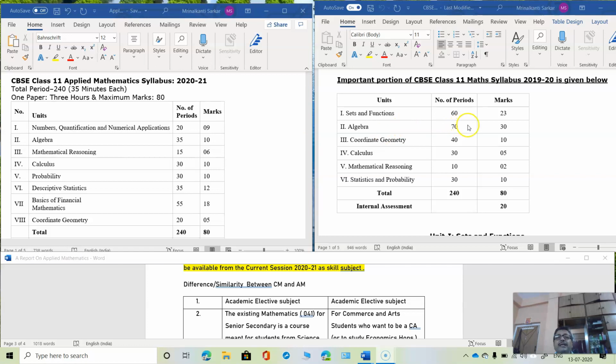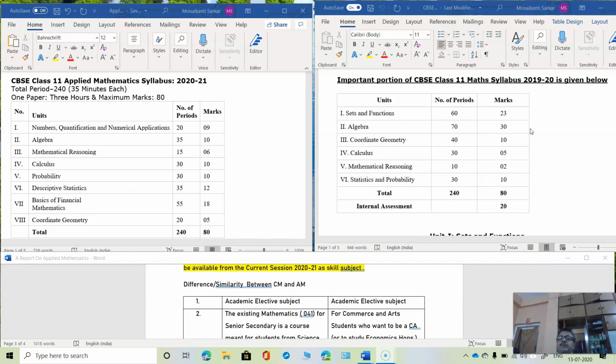Here the maximum weightage is on sets and functions, then algebra. Marks given maximum in algebra because algebra is the most powerful branch of mathematics which is involved in all branches, and knowledge in algebra will help to develop the other parts as well. That's why algebra got maximum weightage over there.